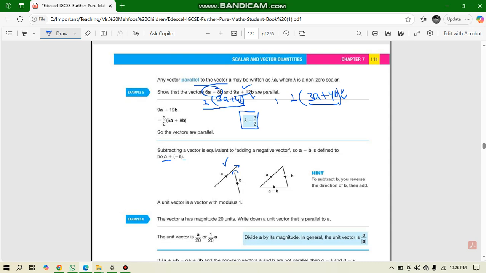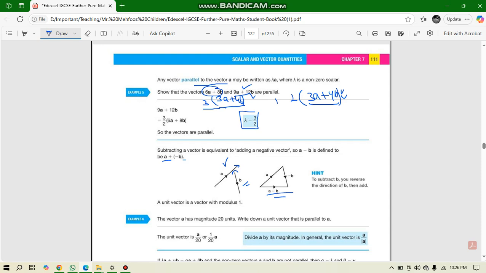If we are finding the value of a minus b, we just put the negative vector on vector a, but in the opposite direction. In the original, its direction is inside, but when we take the negative vector, its direction will be reversed. So when we add these two vectors, it will become a plus minus b, that is equal to a minus b.